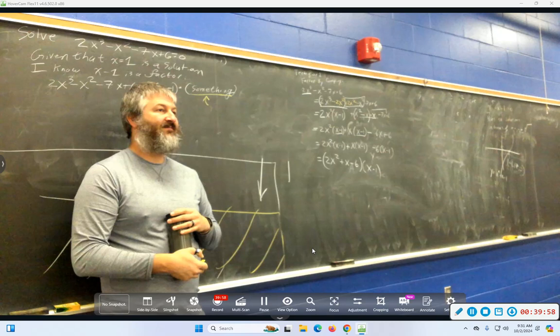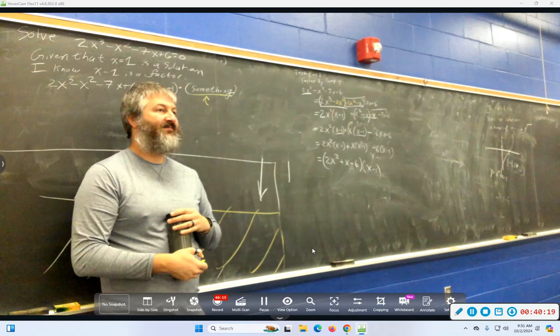What did I need to multiply by this 2x cubed? Well, it was just this 2, and then the appropriate power of x. So first step in synthetic division is copy that 2 above. And that just corresponds to the question of what do you need to multiply x by to get 2x cubed.